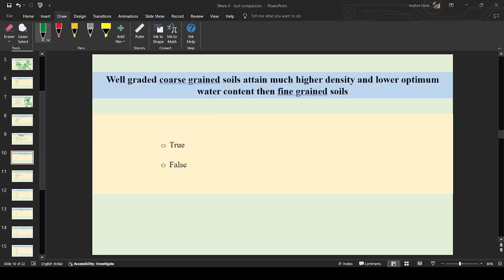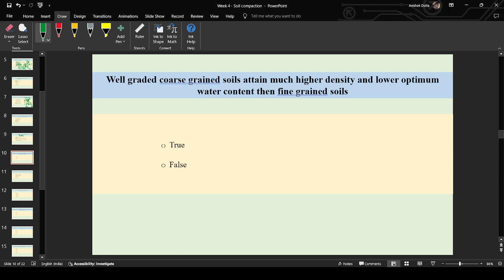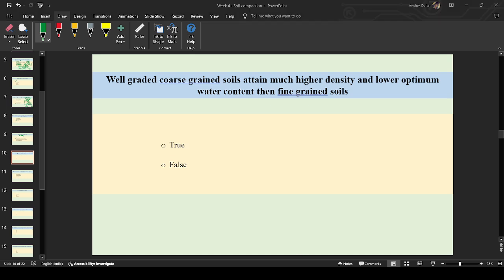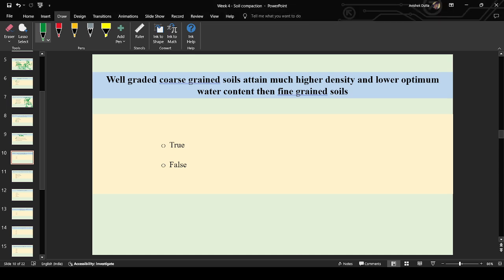Well-graded coarse grain soils attain much higher density and lower optimum moisture content than fine grain soils. What is the answer? True. Explain, please, why it is true. Fine grain soils are water holding soils, they have negative charges, hence they consume more water.